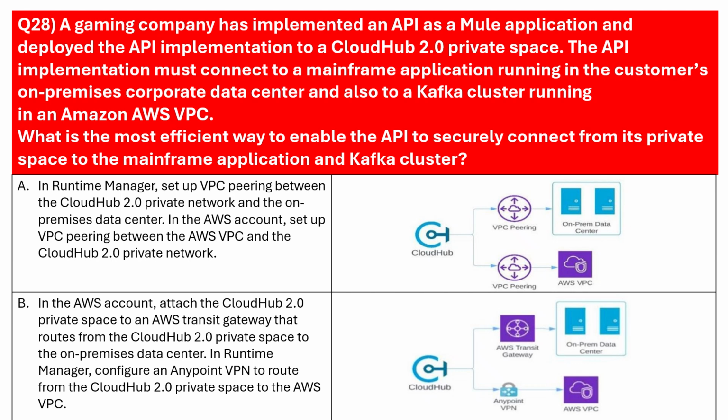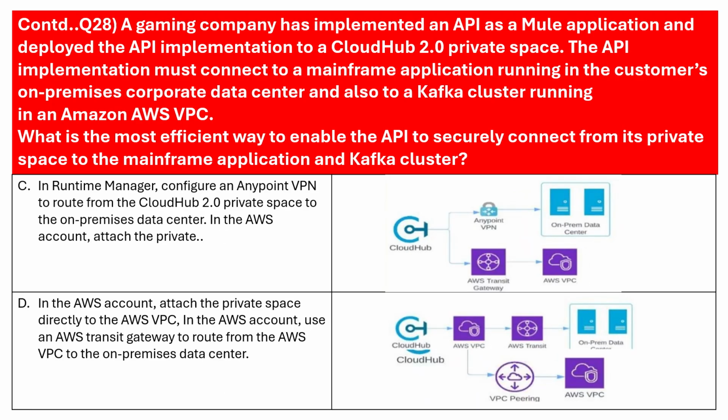In Runtime Manager, configure an Anypoint VPN to route from the CloudHub 2.0 private space to the AWS VPC. C. In Runtime Manager, configure an Anypoint VPN to route from the CloudHub 2.0 private space to the on-premises data center. In the AWS account, attach the private space to an AWS transit gateway. D. In the AWS account, attach the private space directly to the AWS VPC. In the AWS account, use an AWS transit gateway to route from the AWS VPC to the on-premises data center.